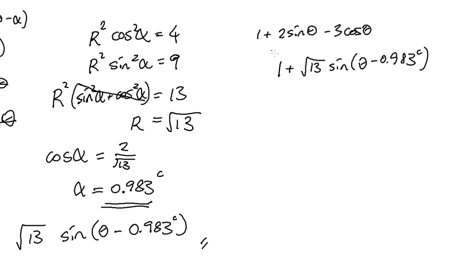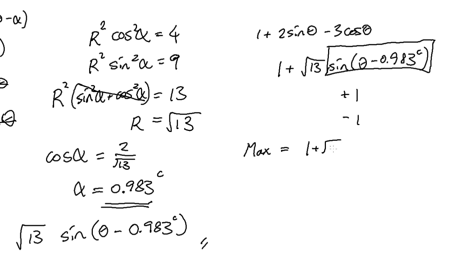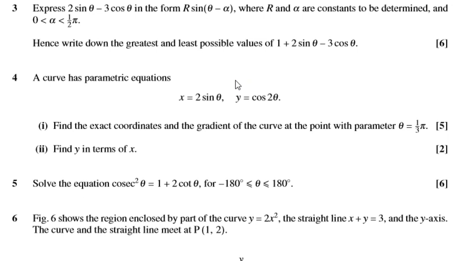And because this whole sine expression can either be plus 1 or minus 1 for max and min, the maximum of that expression will be 1 plus root 13, while the minimum will be 1 minus root 13. And that's it for this part.